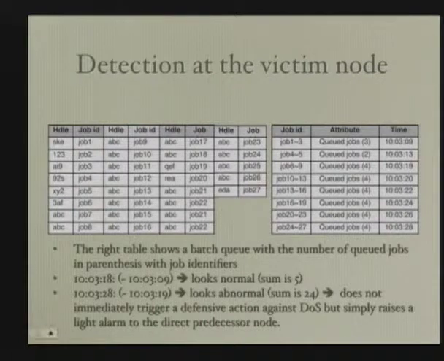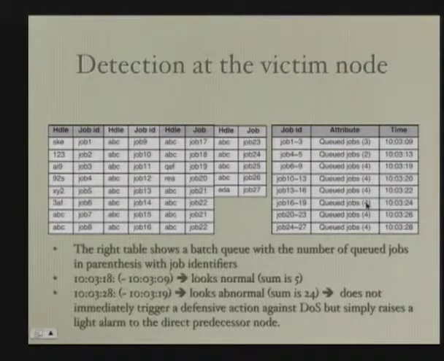If the time slide comes to 10:3:28, you're gonna look back 10 seconds from there. In this case, from 10:3:19 to 10:3:29, altogether 24 jobs are queued in a certain queue.